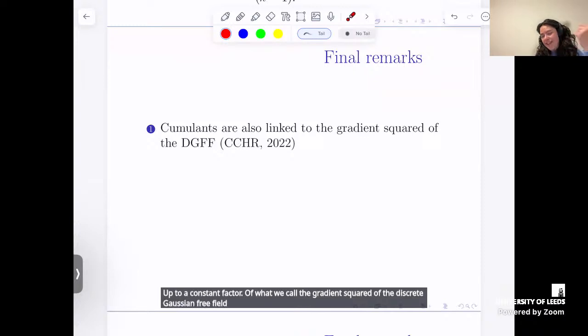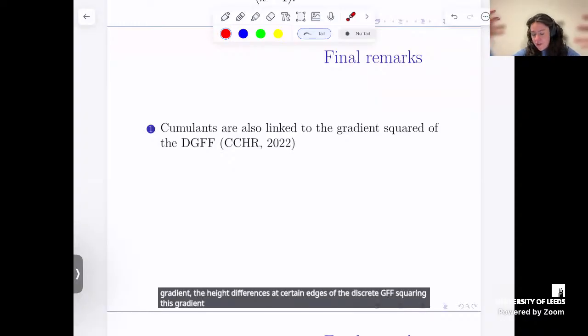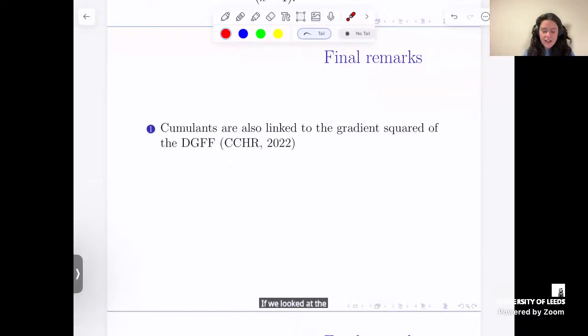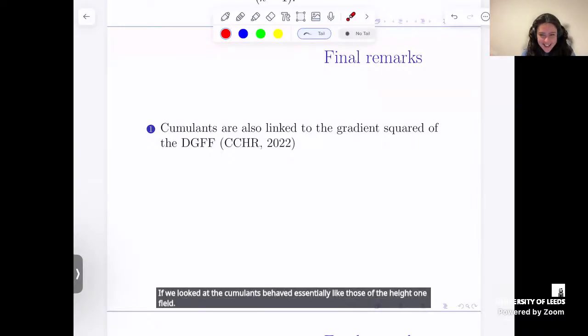So what we had started with was essentially taking the gradient, the height differences at certain edges of the discrete GFF, squaring this gradient, and proving that these height differences, if we looked at the cumulants, behaved essentially like those of the height one field. And now, in hindsight, this result was not by chance.